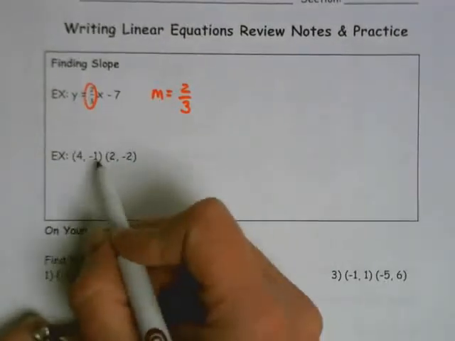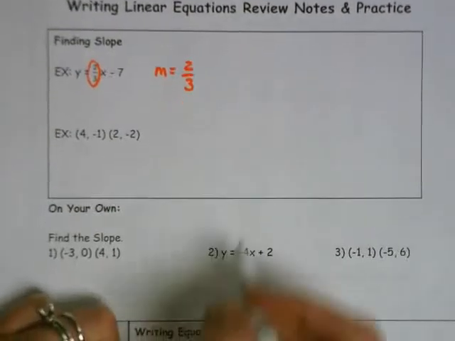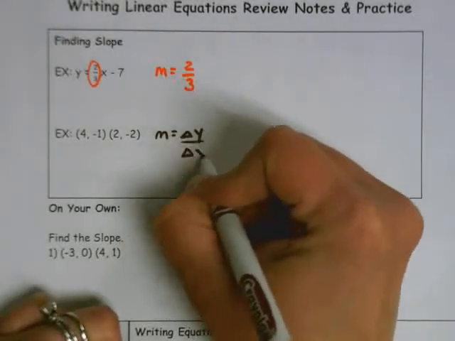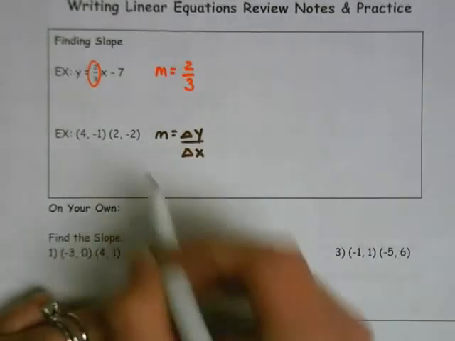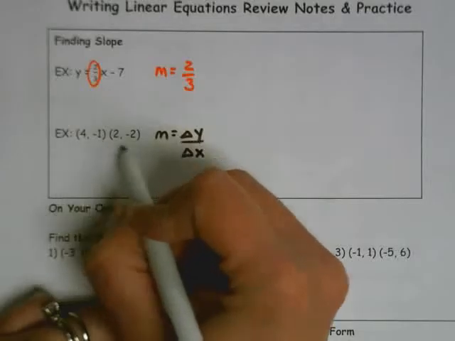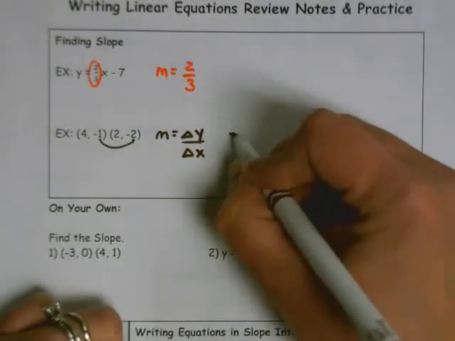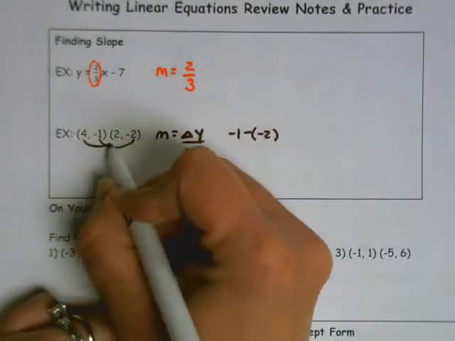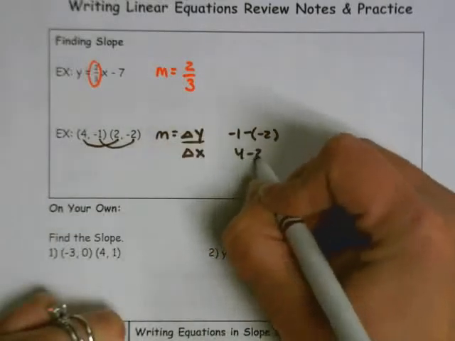If we're given two ordered pairs like this, we actually have to calculate the slope. So the slope is the change in y over the change in x. And to find the change in y, these are the y coordinates right here. We do y minus y on the top, -1 minus -2, and x minus x on the bottom, 4 minus 2.